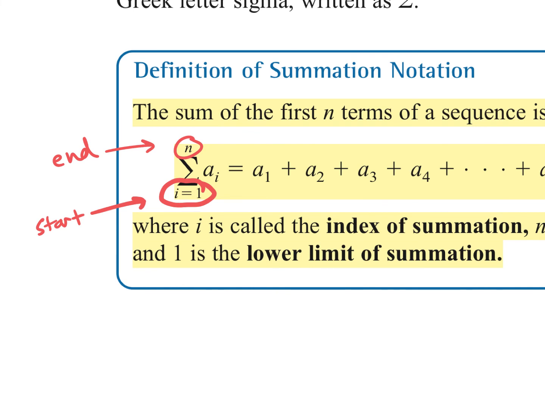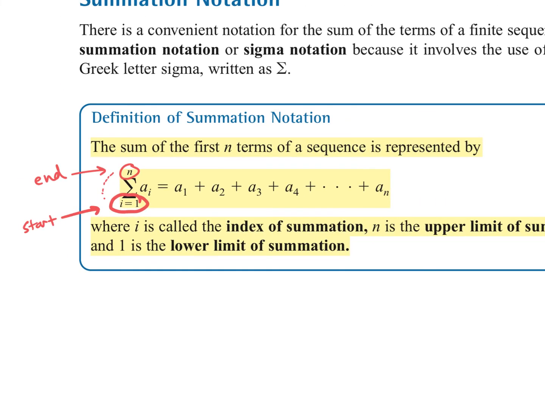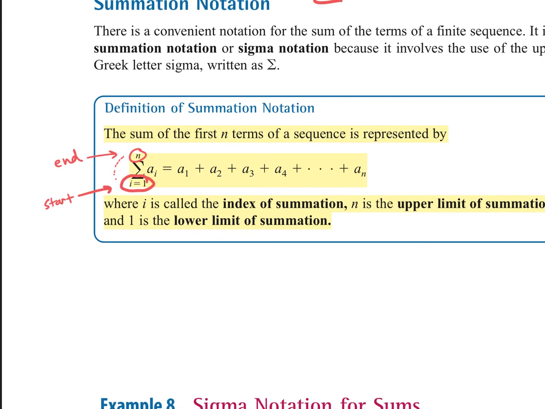We have to find everything in between and add them all together. So i is our index of summation. n is the upper limit, so that's where we end. 1, or whatever it tells us down at the bottom, is our lower limit.